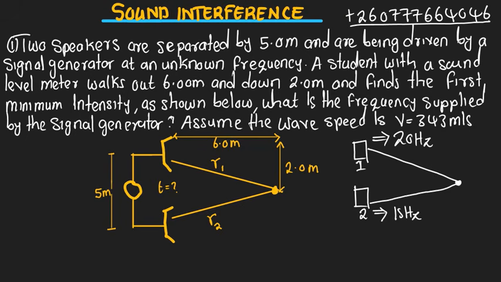Depending on the amplitude and the frequency of the sound being produced, the one with the higher frequency is going to cancel the one with the smaller frequency, and at the end, what you're going to hear is this particular sound.